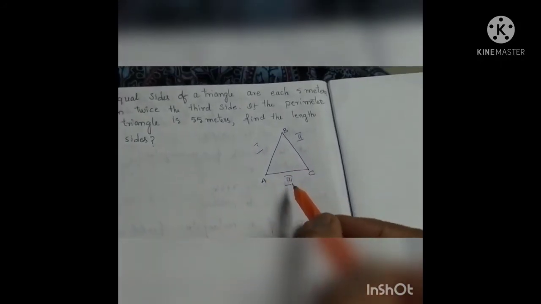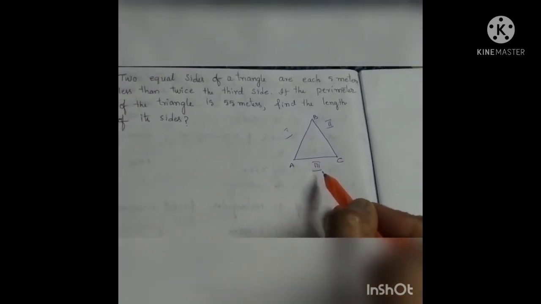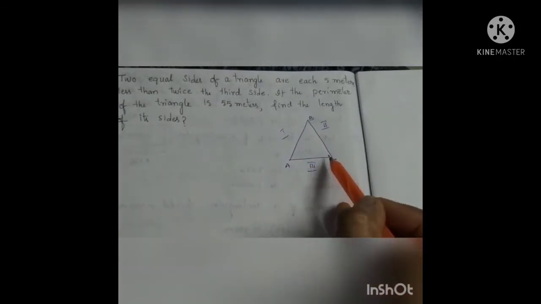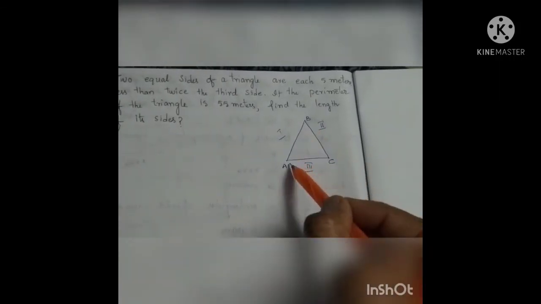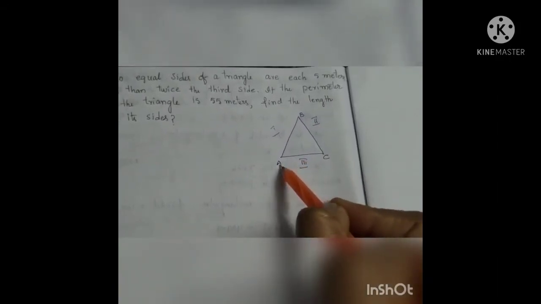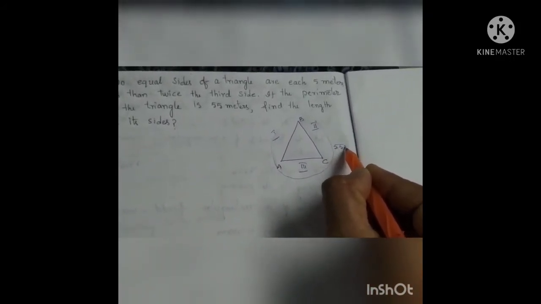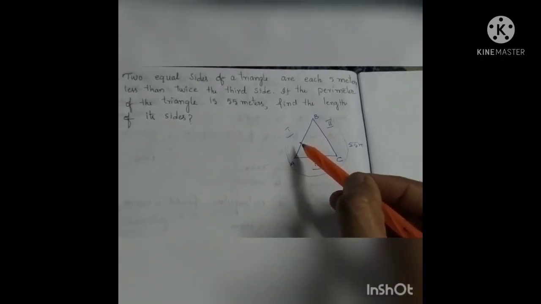So if the perimeter of the triangle is 55 meters, perimeter means we should add all the sides: AB plus BC plus CA. Perimeter means the total, and the total distance is 55 meters. Find the length of the sides.